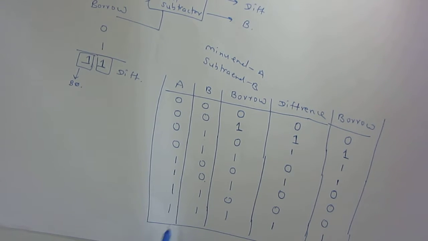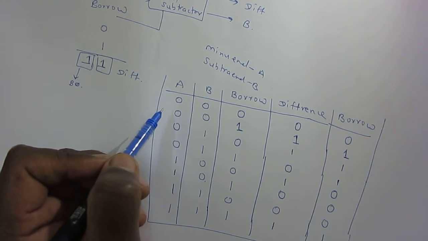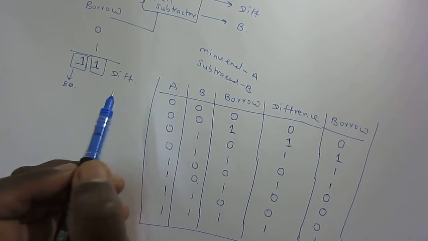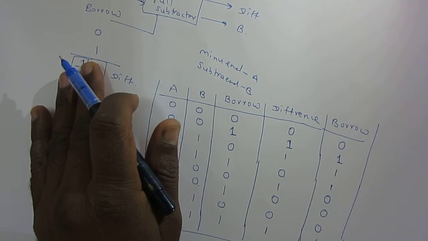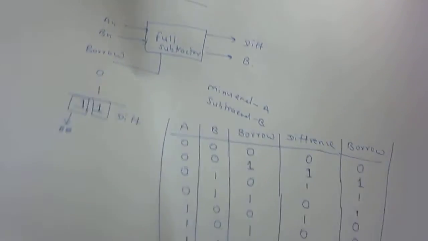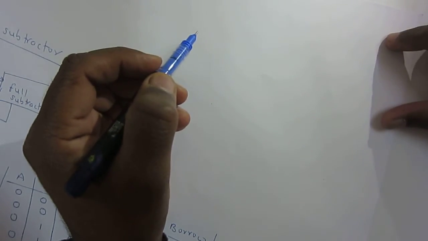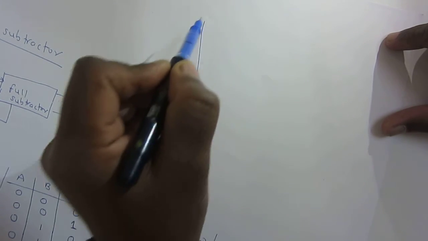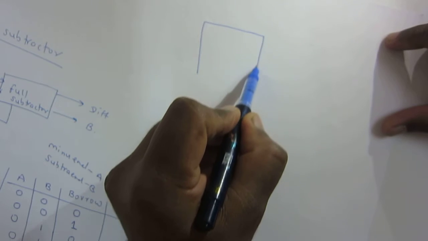Now in order to realize this full subtractor with the help of Boolean algebra, we need to carry out Karnaugh mapping. So we will draw the Karnaugh map of this truth table. We know that this Karnaugh map will have three variables, that is A, B and the borrow.